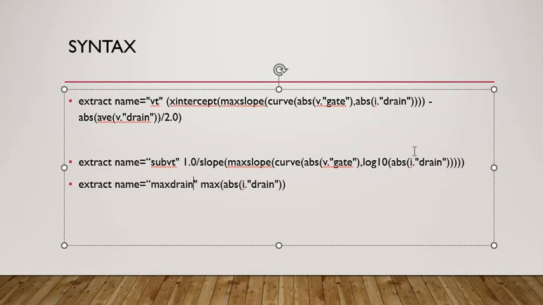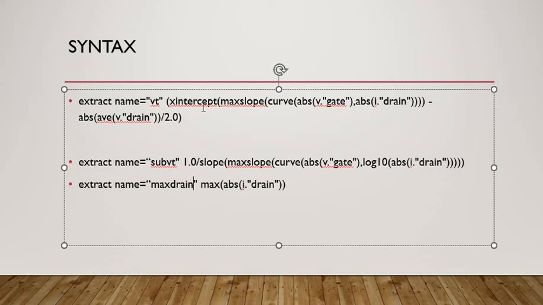I have already explained these things multiple times. For now, I will explain VT because there is some more modification here. For the first part, you can easily understand it's between V gate and I drain, so it's the x-axis and y-axis. You get the curve, take the maximum slope, and from that you need the x-intercept.